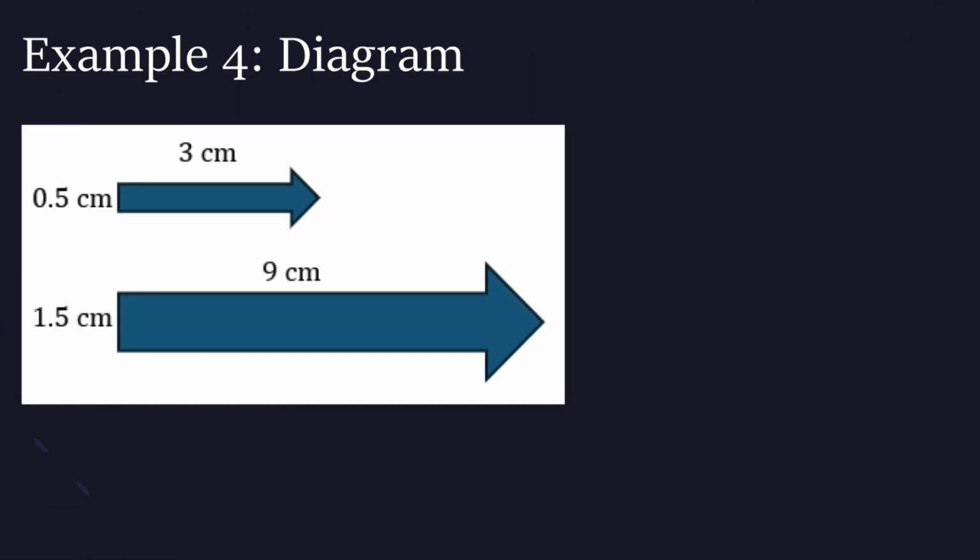Another way you might see the constant of proportionality is in a diagram. And again, we already know that these are proportional to each other, so I'm really just going to do it with one. We have the independent and the dependent things, which we call the pre-image and the image.